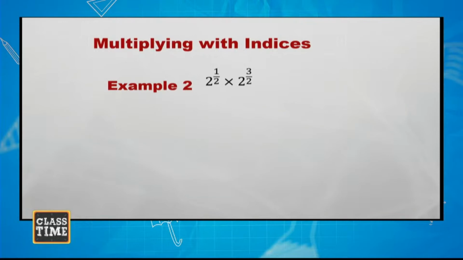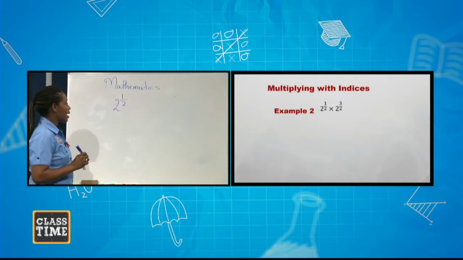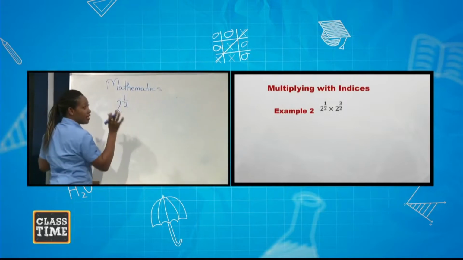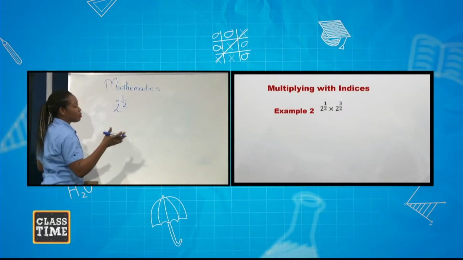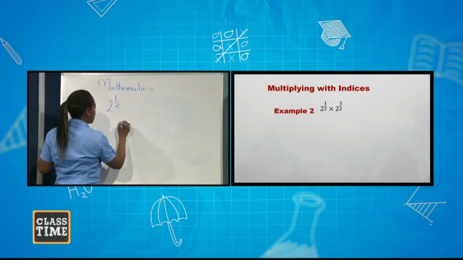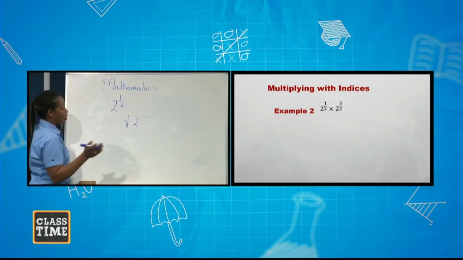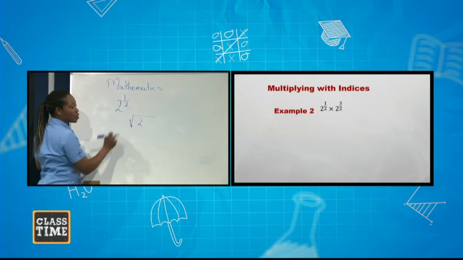So when you are multiplying with indices that are fractional, let us look at what the fraction means. We have 2 raised to the half. The denominator tells you what root you are going to operate with, so the half tells us it's a square root.